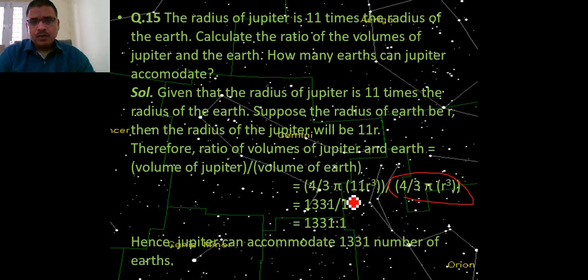Now if these two terms are divided, we get 1331 over 1, which means Jupiter can accommodate 1331 Earths. So this is the answer.